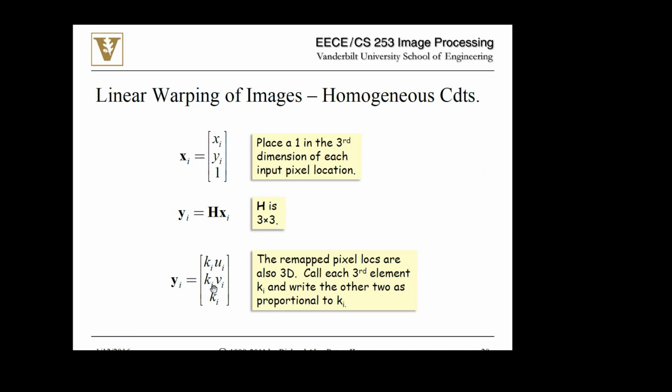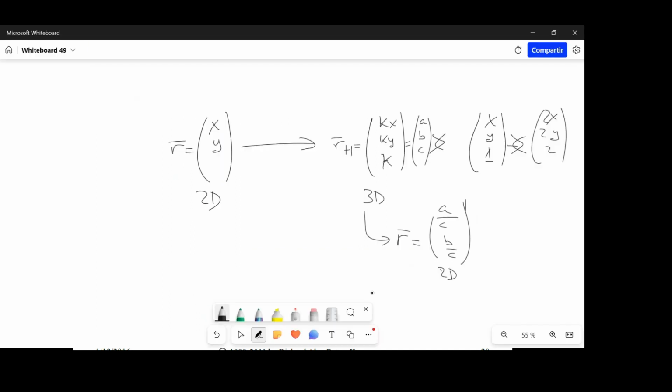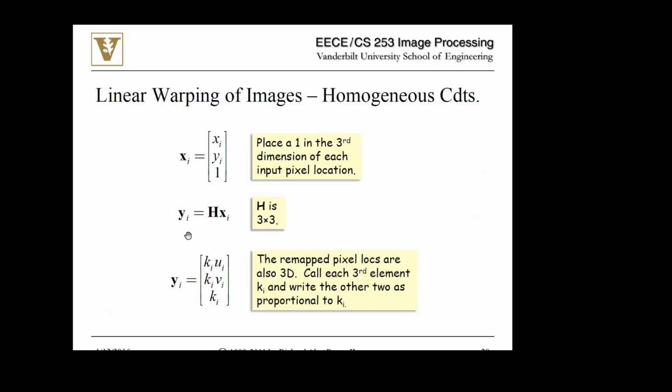And this homogeneous coordinate corresponds to a point in the real space, that is this one. Given the output of the transformation, I will still have to translate it into the coordinate that I understand. Any question?